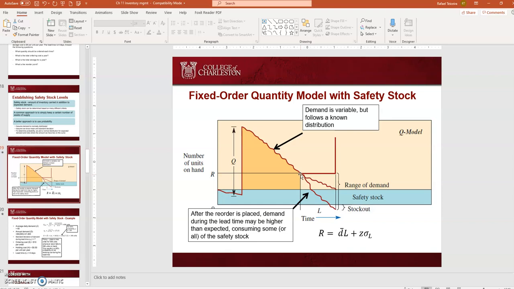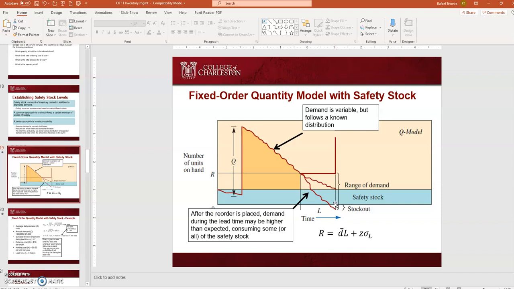And then while we wait for the supplier to deliver, that's the lead time, our inventory is going down. And sometimes we sell more, sometimes we sell less, sometimes we produce more, sometimes we produce less. We don't know how much to produce because demand varies. So this is the reason we have the safety stock here. We're going to add a safety stock to not stock out at a certain probability.